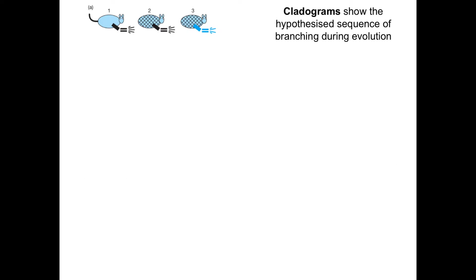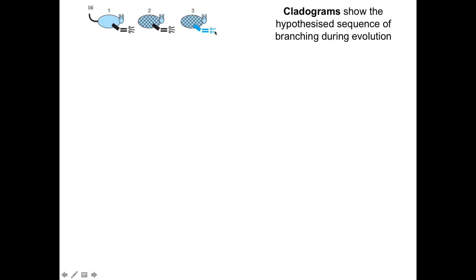And here is an example. Take 3 taxa. Here they are, 1, 2, and 3. These taxa have 3 characters. They have scales, yes or no, so 2 and 3 have scales. They have toes of different numbers, 4 or 5. So 1 and 2 have 5 toes, and 3 has 4 toes.